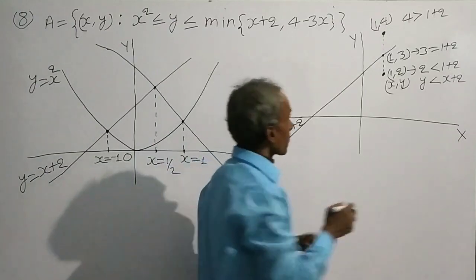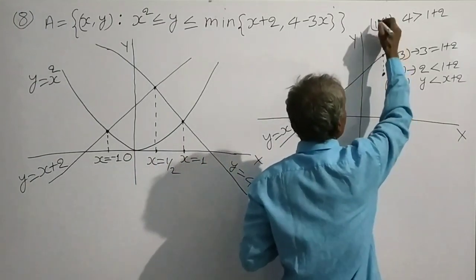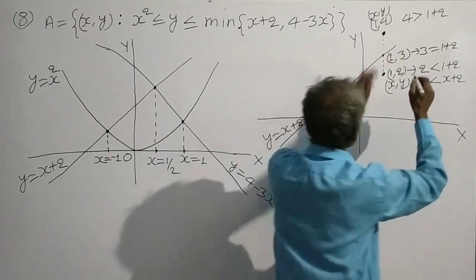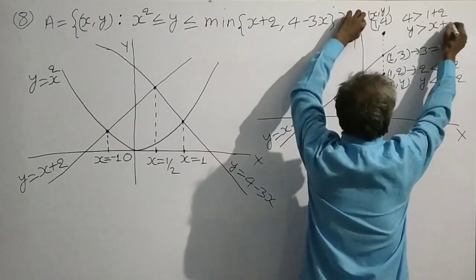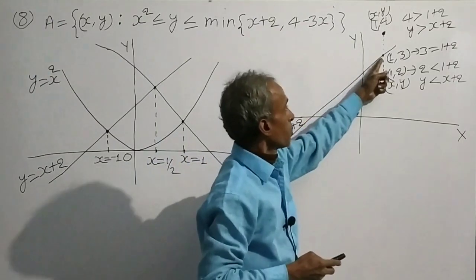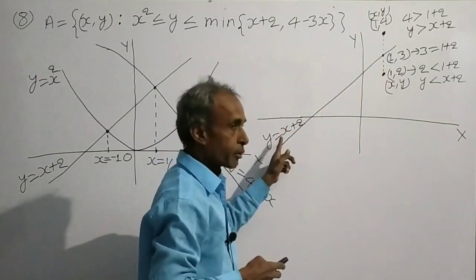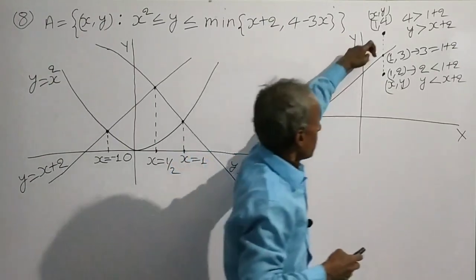That means if the coordinate of this point is (x, y), then we get y greater than x plus 2. For this point, this equation is satisfied.